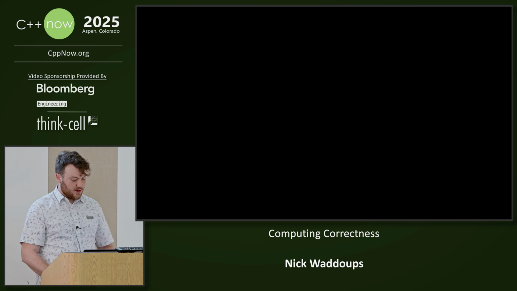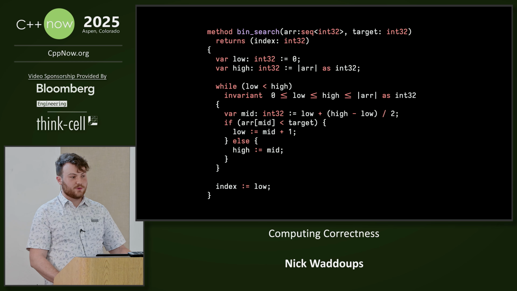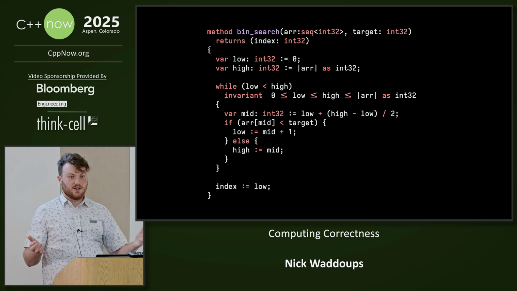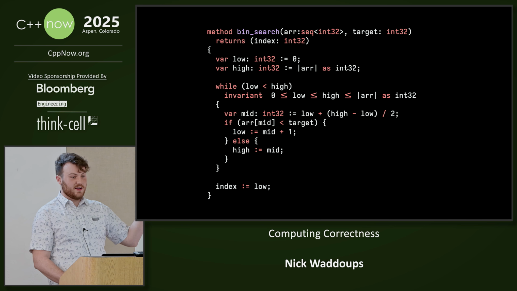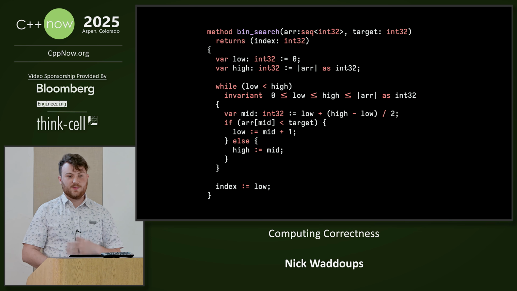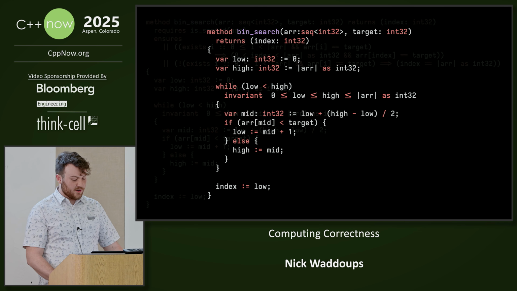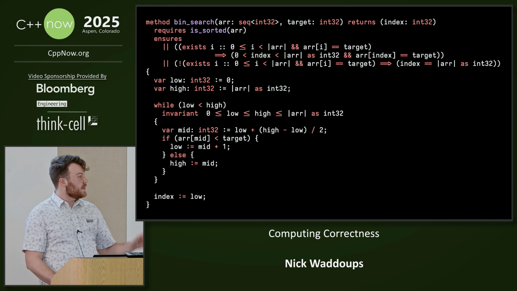Alrighty, so from here, what we want to do is add our pre and post conditions. This is all before we've even added them to this function, so this function doesn't even know that the array is supposed to be sorted. It doesn't know what it's supposed to return. We don't have any guarantees about that. So now we're going to add these into our function.